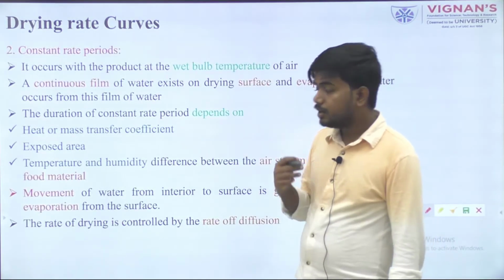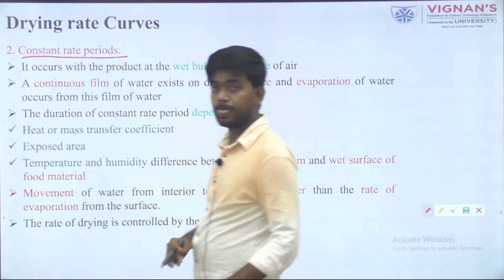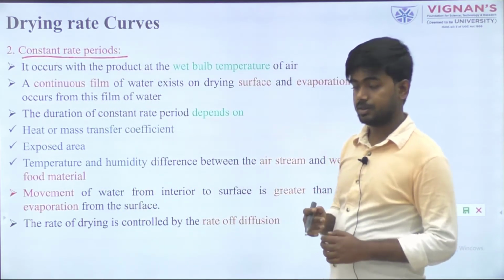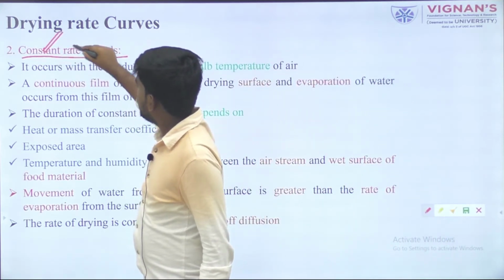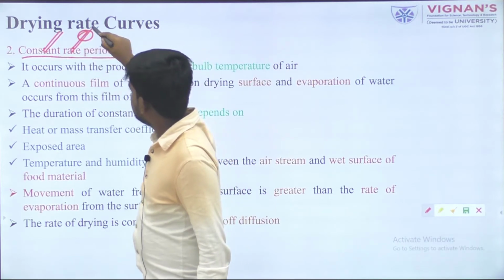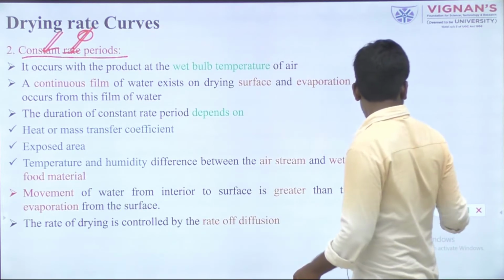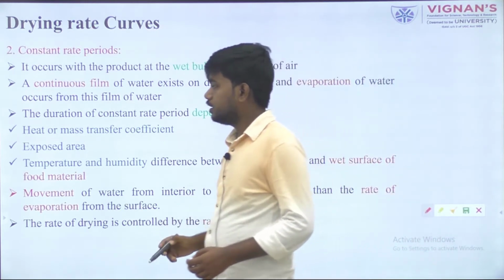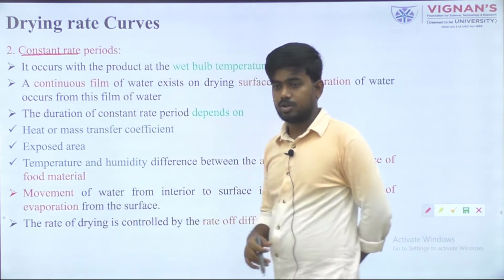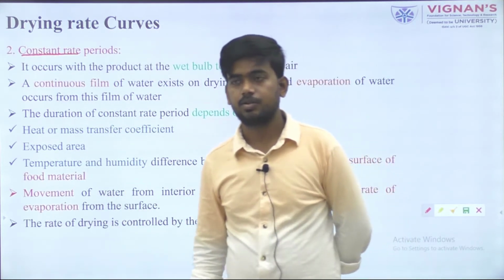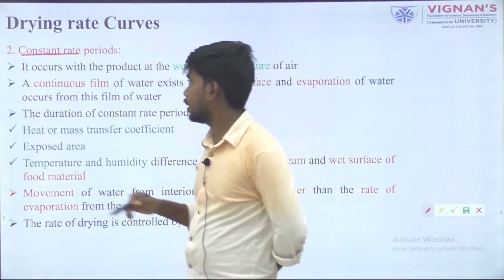The next topic is the constant rate period. Constant rate means the moisture content is constantly removed, and the rate is constant during this entire process. Also remember that in the constant rate drying period, the moisture removal rate is constant with respect to time, irrespective of the type of material.